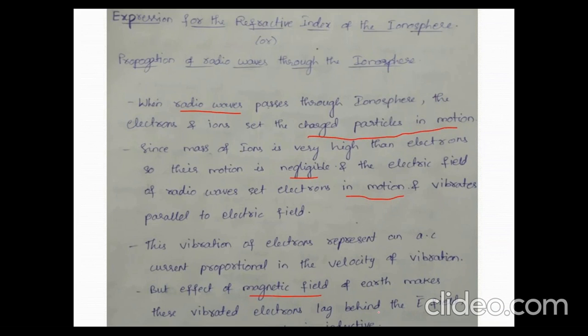The electron current becomes inductive because the magnetic field generated by Earth makes these electrons moved in the ionosphere lag behind. If they are lagging behind, the current generated by the electrons will become inductive. We'll see that in the derivation.